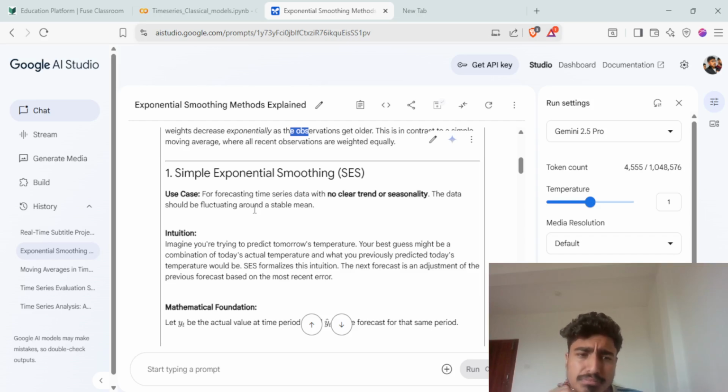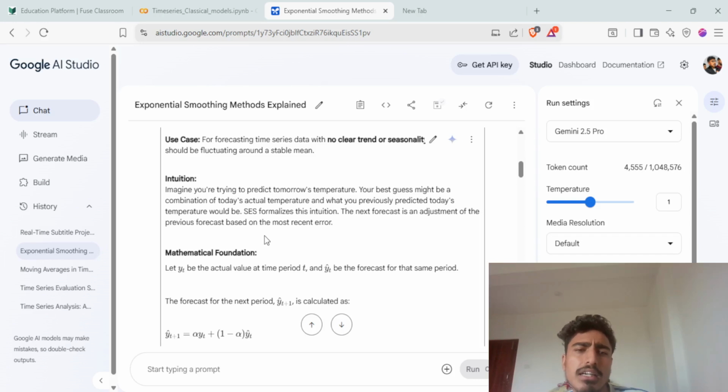Diving into the intuition of simple exponential smoothing: imagine you are trying to predict tomorrow's temperature. Your best guess might be a combination of today's actual temperature and what you previously predicted today's temperature would be. It works on a combination of the current predicted value and the current actual observed value.